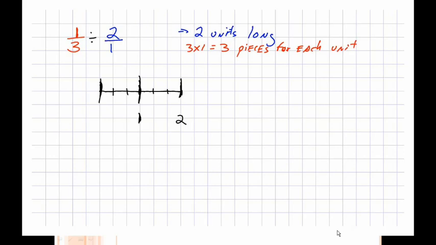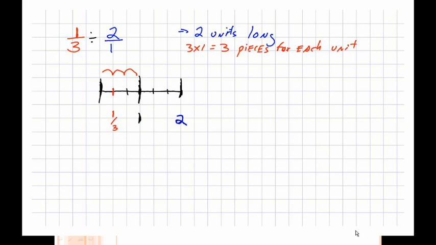Alright, so here is my divisor. My divisor is 2. And where is my dividend? My dividend, if I look at this first unit, is 1/3 of the way. So this is 1/3 of that first unit.